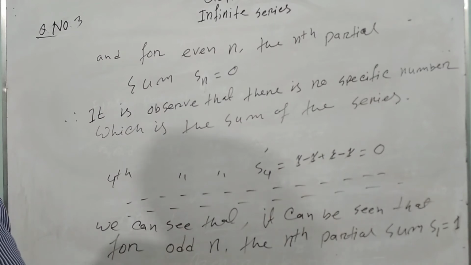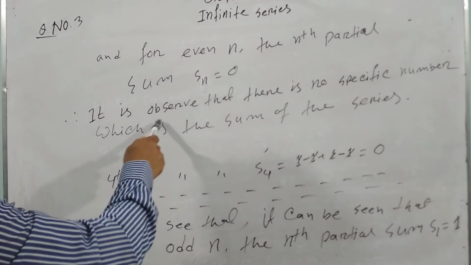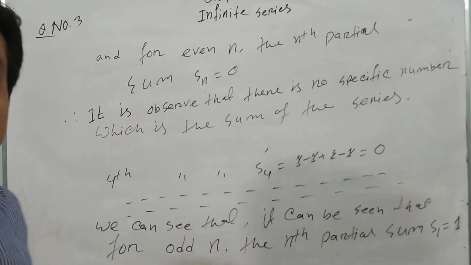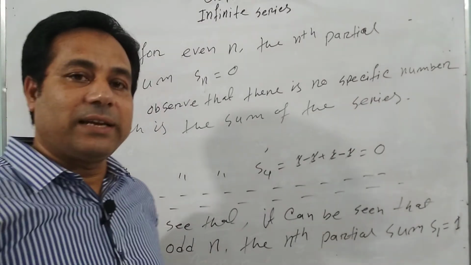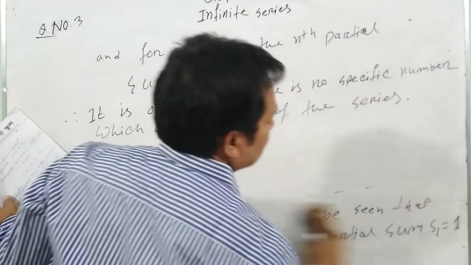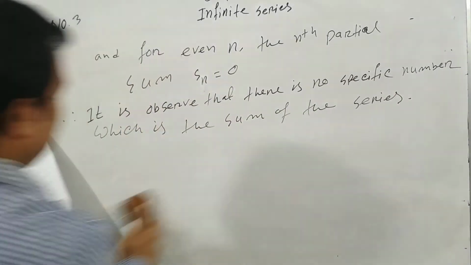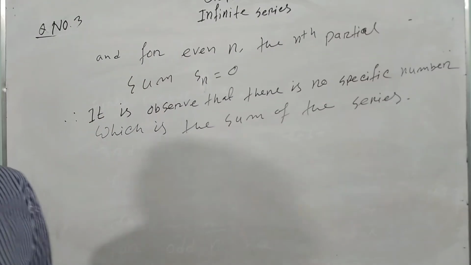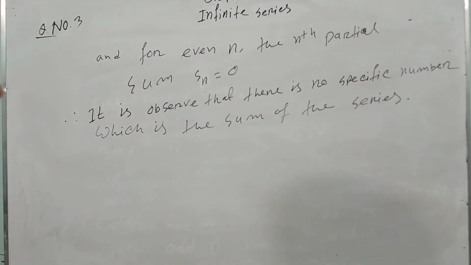Here, there is no specific sum in this question. For this reason, we can write: it is observed that there is no specific number which is the sum of the series. Okay. This is the partial sum question.